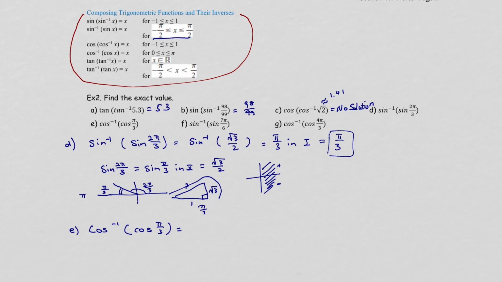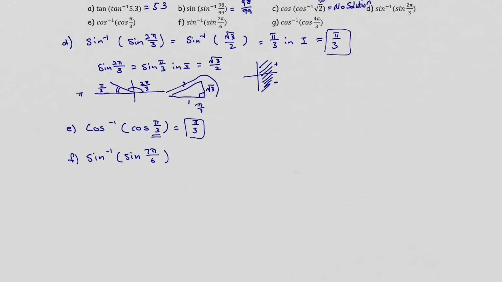Your solution should be just canceling out this cosine inverse by cosine. That gives you pi over 3. So long as it's inside of the domain given, the value will become your exact value because inverse and trigonometric function cancel out each other.